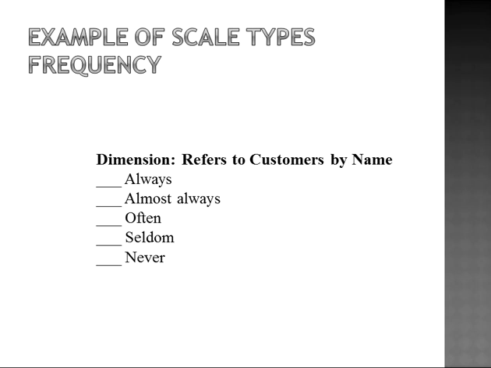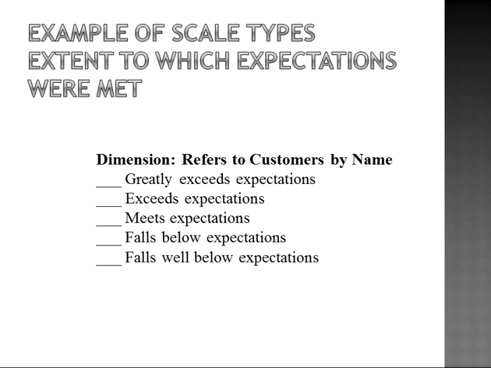Always, almost always, often, seldom, never. Example of scale types, extent to which expectations were met: refers to customers by name. Greatly exceeds expectations, meets expectations, falls below expectations, falls well below expectations.